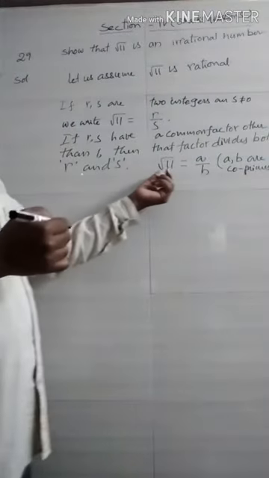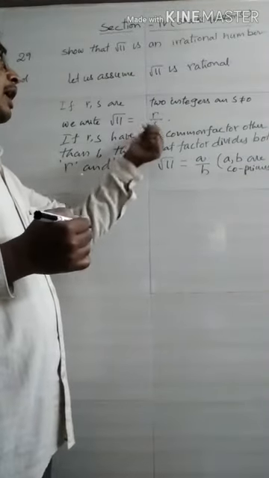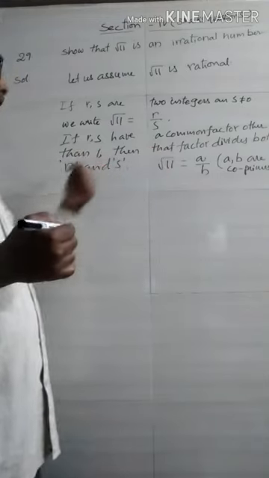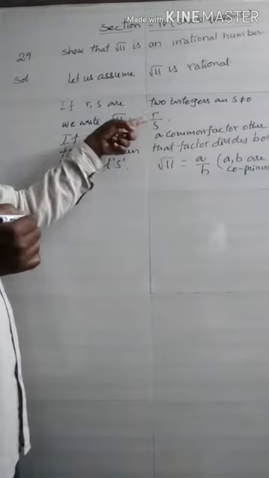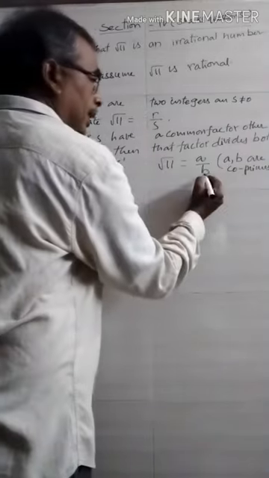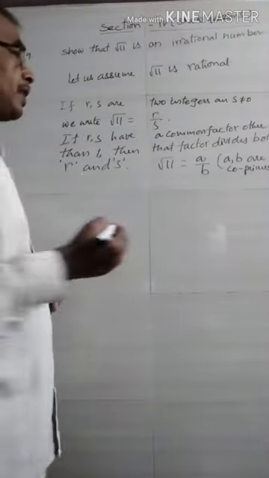Look there: if R and S have a common factor other than 1, then that factor divides both R and S, that is numerator and denominator. Finally we get root 11 is equal to A by B, that means A, B are co-primes.